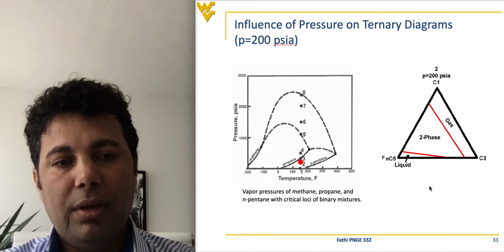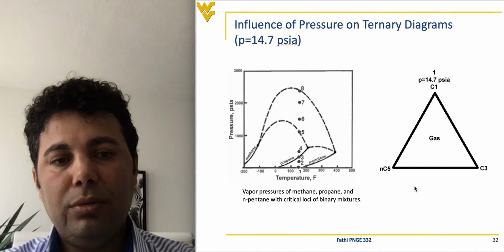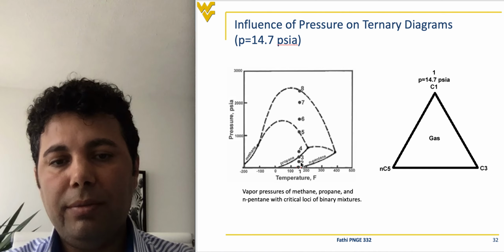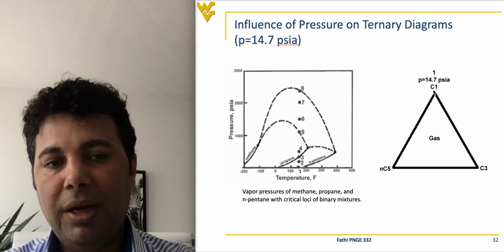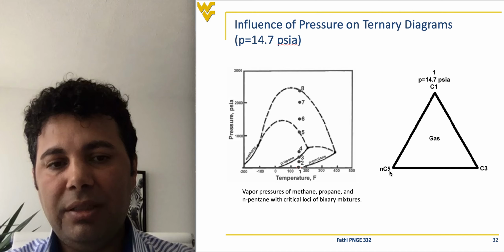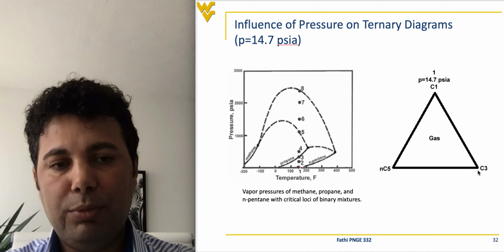So moving forward, if I want to move to point 2, okay, let's say the pressure increased to point 2. So at point 2, I'm going to draw this again. So again, at the top, I have methane, I have N-pentane at the left bottom, and then I have the propane.